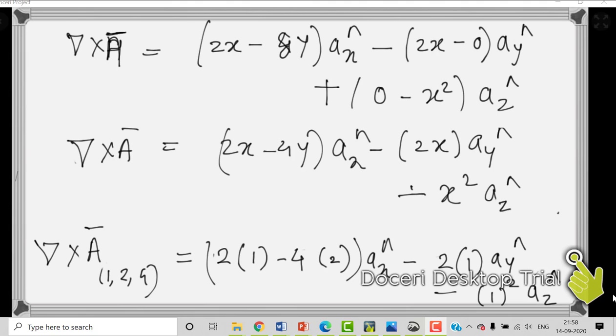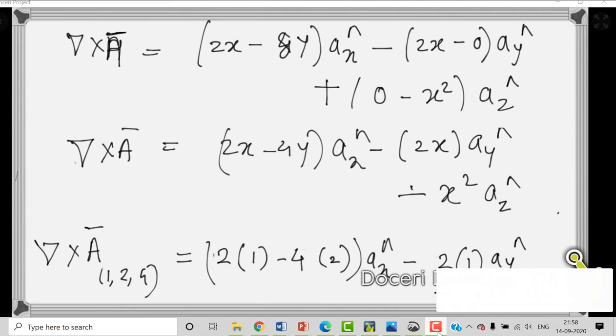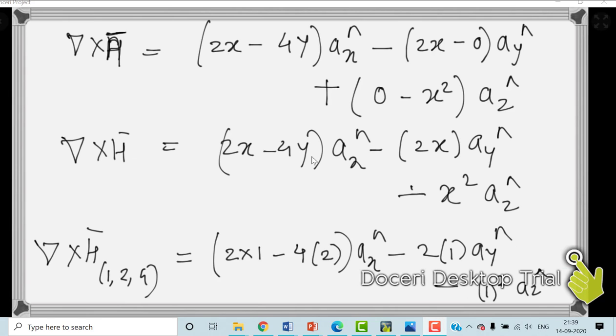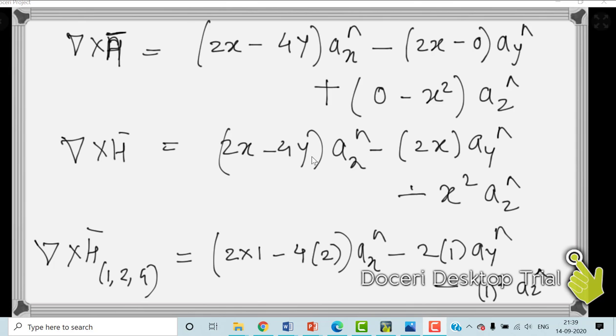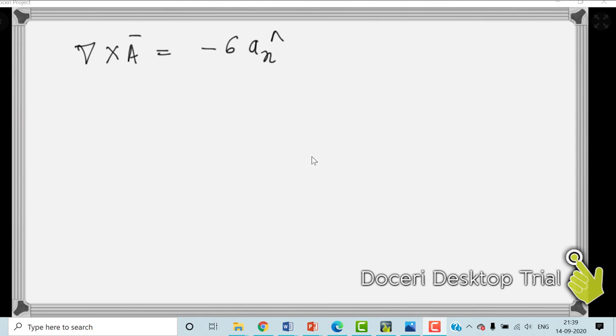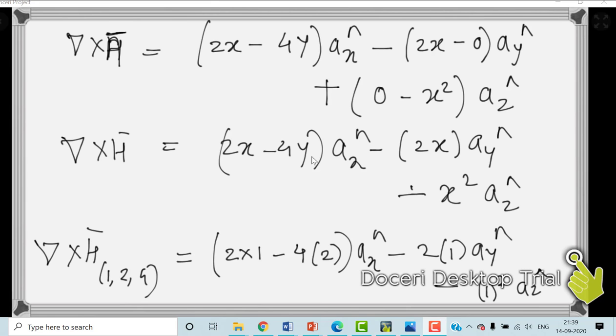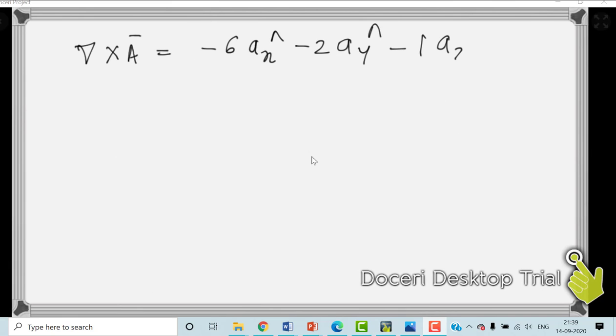So 2 minus 4 into 2, that is 8. 2 minus 8, that is minus 6 ax cap, minus 2 ay cap, and the third term will be 1 square az cap, that is equal to 1 az cap, or just az cap, right?